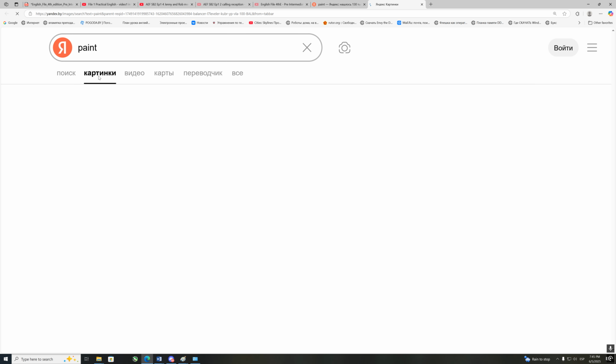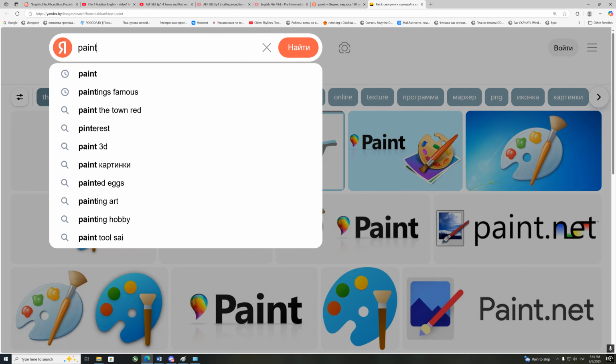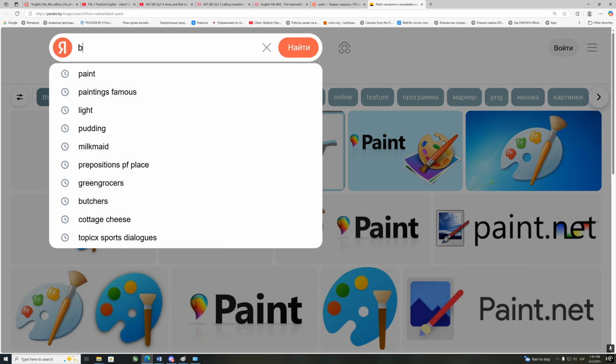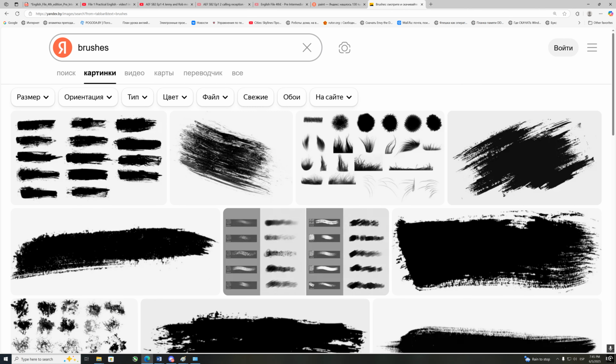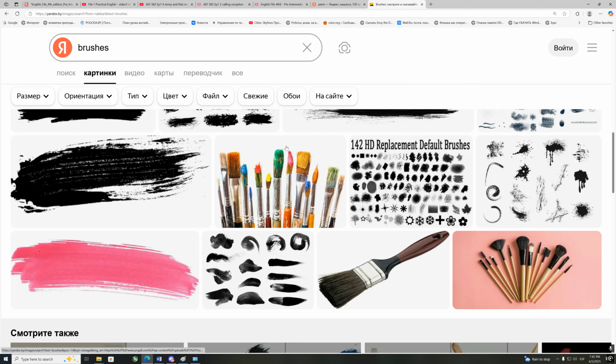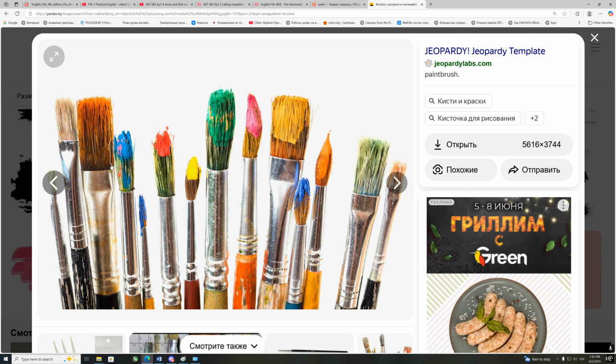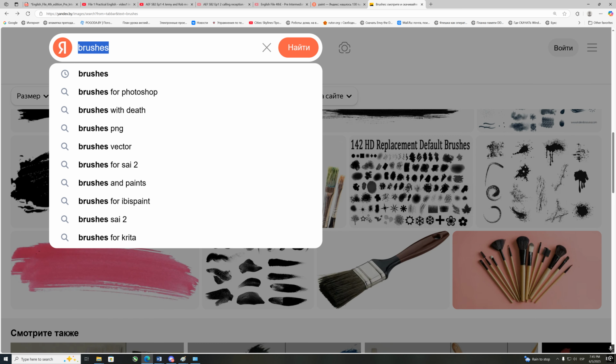Well, when we paint, we use brushes. These are brushes. And when we draw, we use pencils. Let's see the difference.